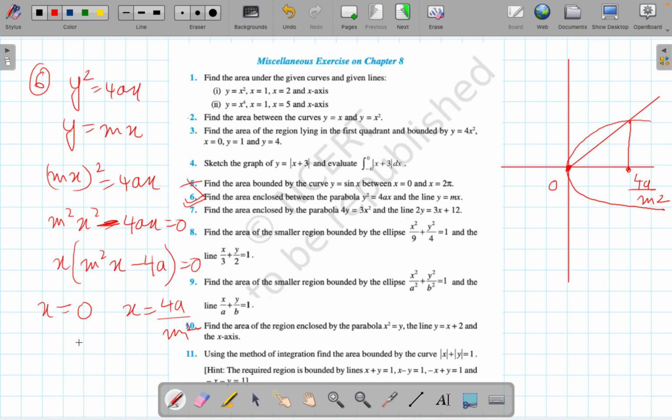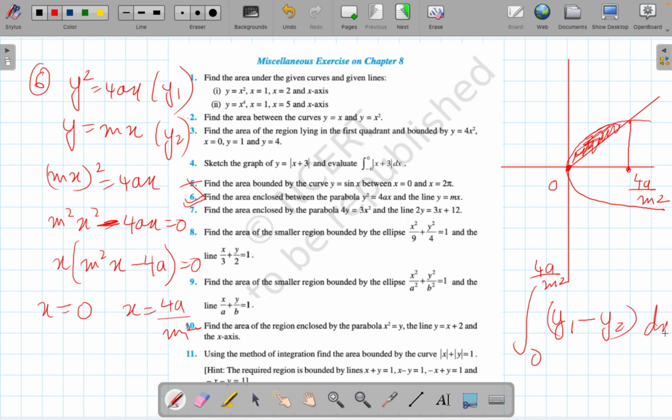All right, children. Now, again, we have to find the area enclosed. So you can see this is the area enclosed. So again, area enclosed is, suppose this is y1, this is y2, children. So you can see very, very clearly from 0 to 4a by m square, it is parabola minus line.